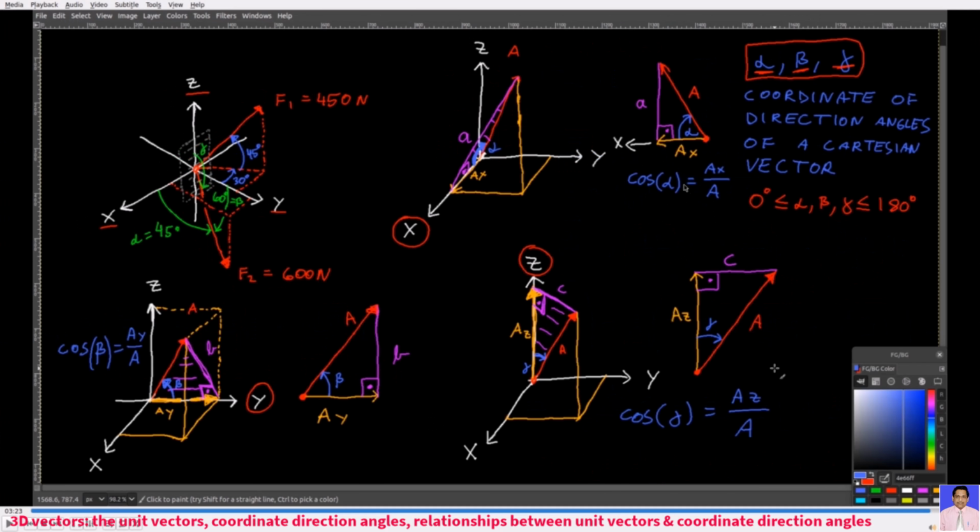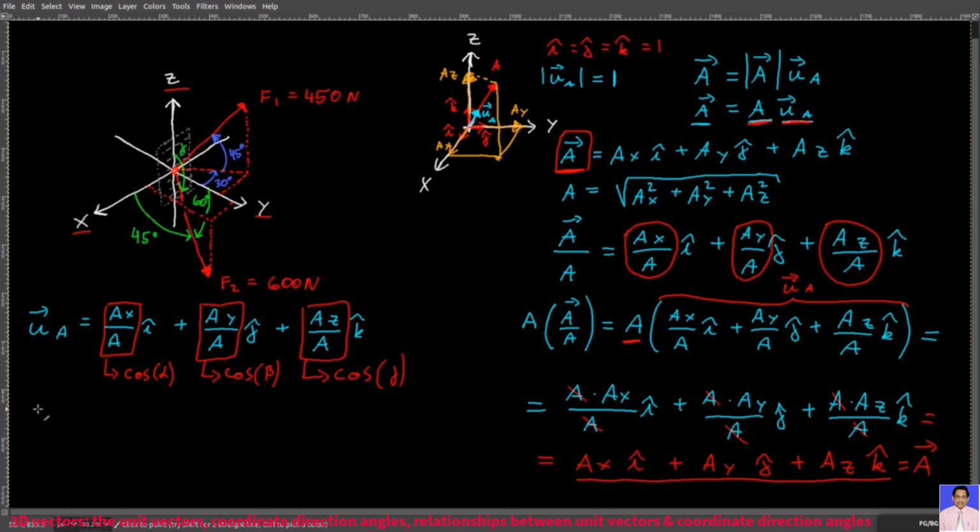That means that this general unit vector A can be written like this: cosine alpha times i, cosine beta times j, and cosine gamma times k.